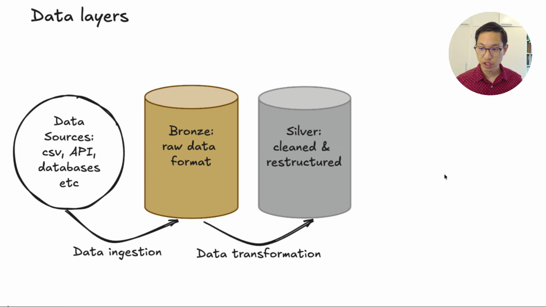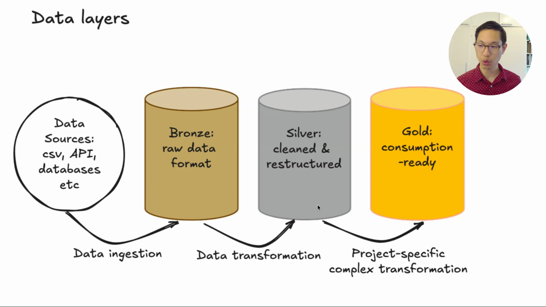In the refine layer, usually you do a Kimball star schema, for example, with fact and dimension tables. Similarly, you could do that in the silver layer, but it's not confined to just Kimball and star schema. In general, it's more cleaned and restructured, okay?